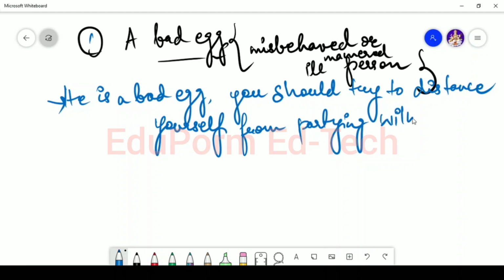Okay, he's a bad egg means he is a bad fellow, he is a misbehaved or ill-mannered person, and you should try to distance yourself, or you should exempt yourself from parting with him. Parting with him means you should not hang out with him. That is what is being said here. Okay. Bad egg means a person who is misbehaved or ill-mannered. Okay.